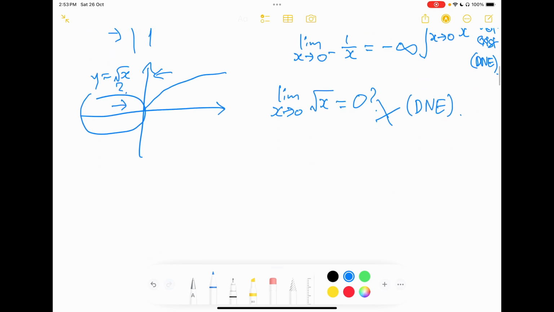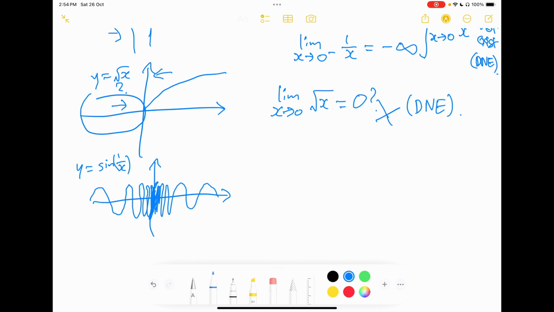Another example of a limit that doesn't exist would be the function y equals sine 1 over x, right? So it kind of looks like this. Sorry, the drawing is quite bad, but the idea is that if you want to find the limit of sine 1 over x as x approaches 0, it's very difficult.